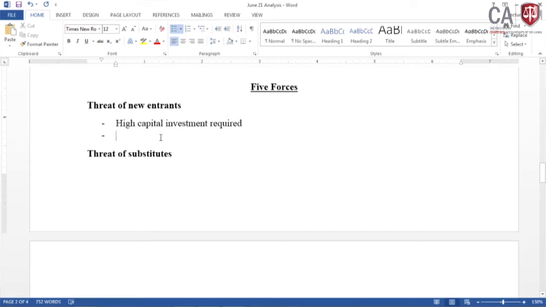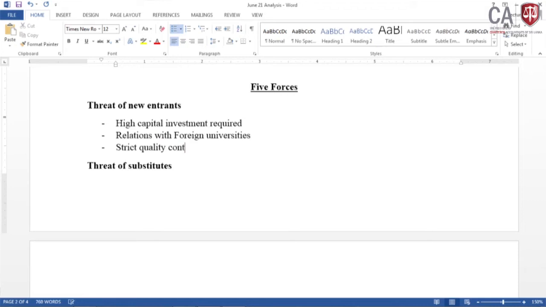Then you should have good relations, no? Relations with foreign universities. Without that relationship, you can't introduce courses, no? Because with foreign universities, normally there is strict quality control, strict quality control of programs adopted by affiliated parties.